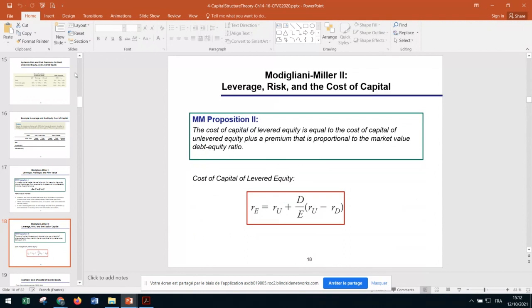So RE should be equal to RU when the company has no debt. But when it has debt, RE should increase because the risk increases for the levered equity holder.